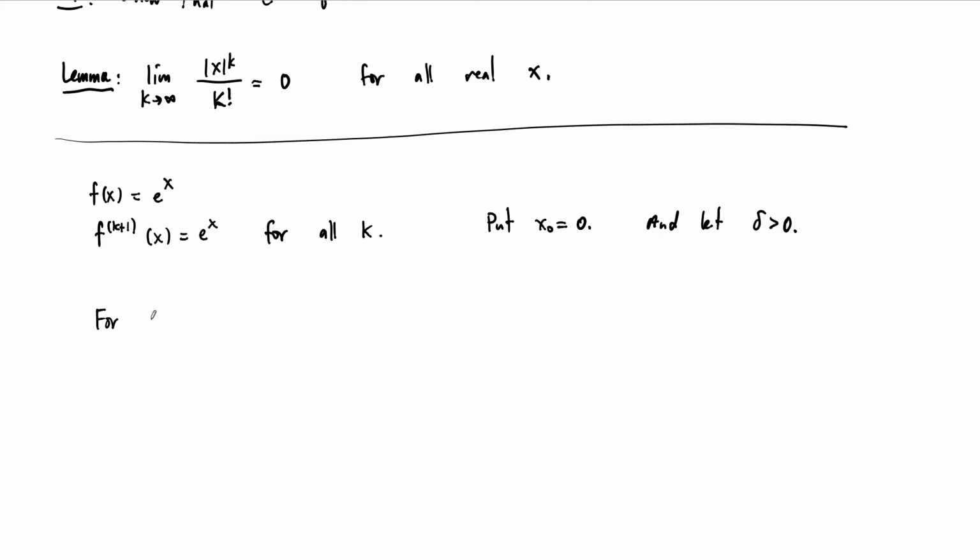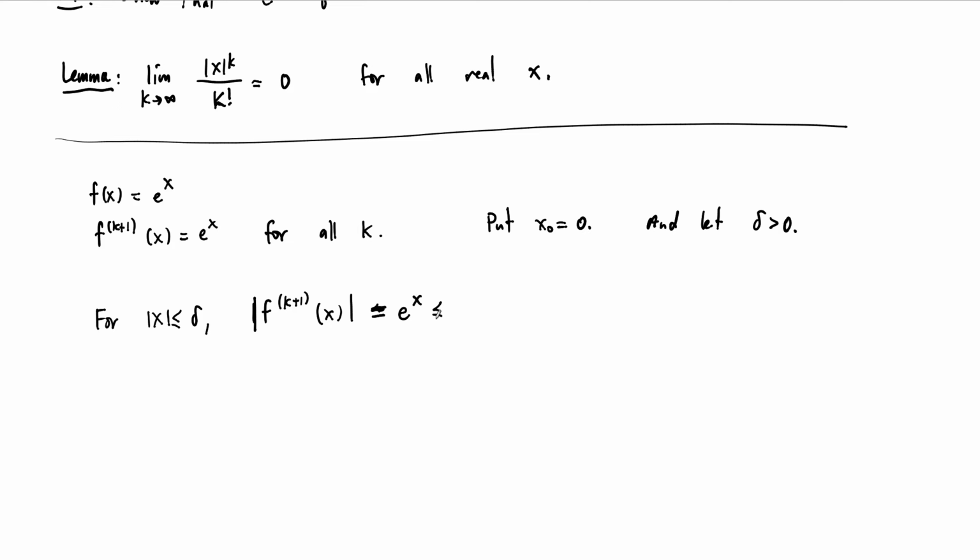Then what we know is that for any x less than or equal to delta, because e to the x is an increasing function, then the k plus first derivative of f at x is equal to, we already know it's equal to e to the x. I'm sorry, the derivative is e to the x.